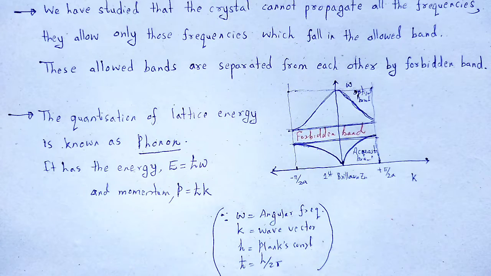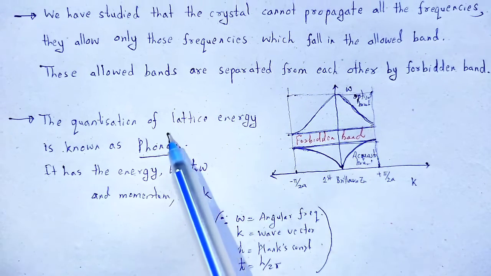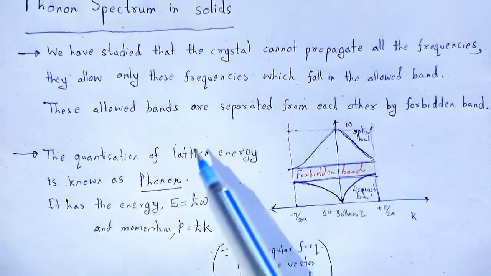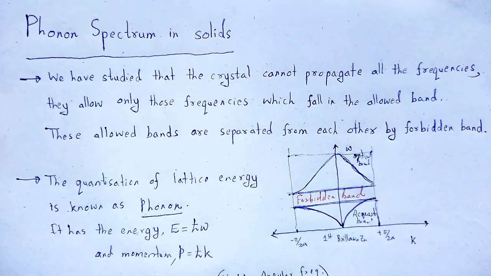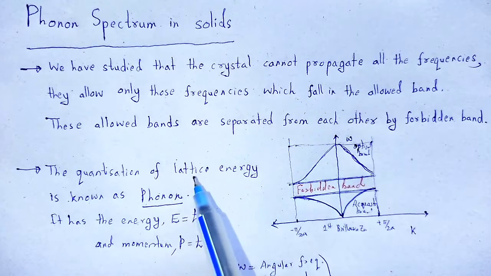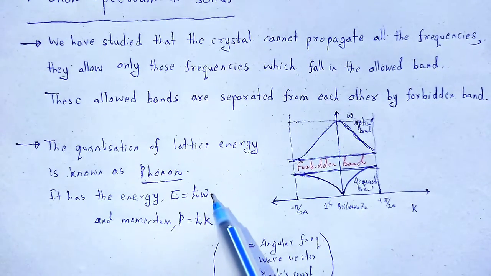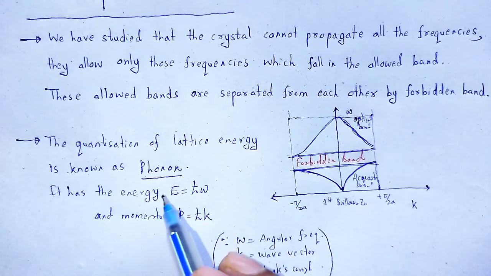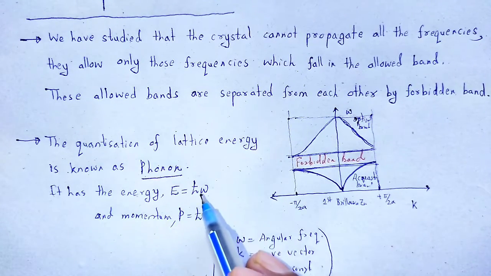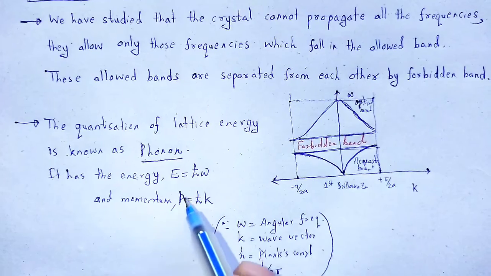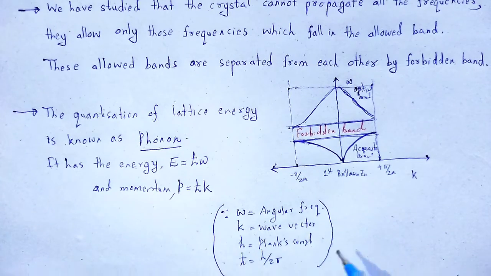Now we have to study how phonon is responsible for spectrum in solids. In solids, the quantization of lattice energy is known as phonon, and it has the energy, that energy is quantized, with value h cut omega, and the momentum is equal to h cut k.